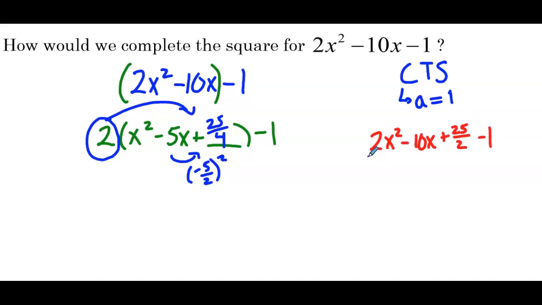Now remember, I want to get just the original expression if I do that simplification. So that means that I have to subtract 25 over 2 to make sure that these two terms cancel out. So going back here, that means we have to subtract 25 over 2, not 25 over 4.